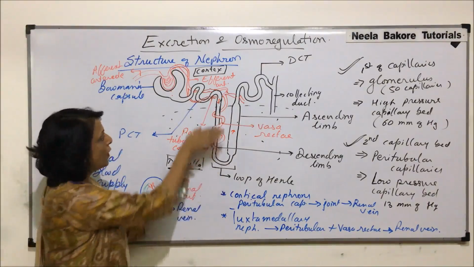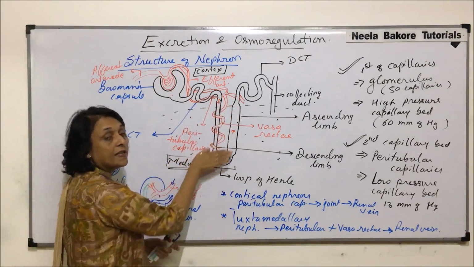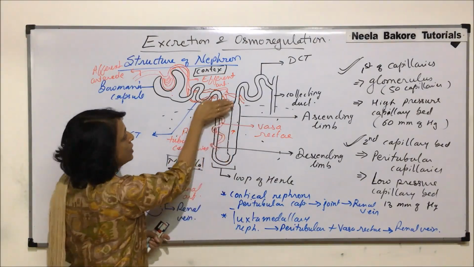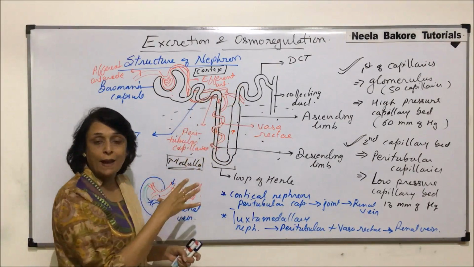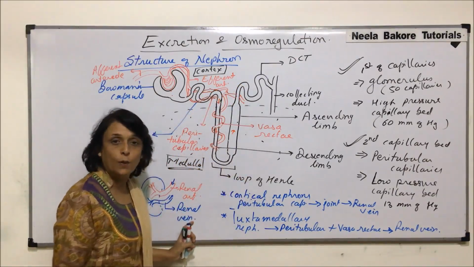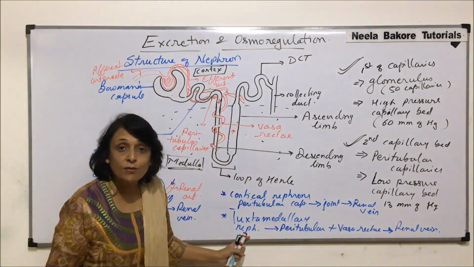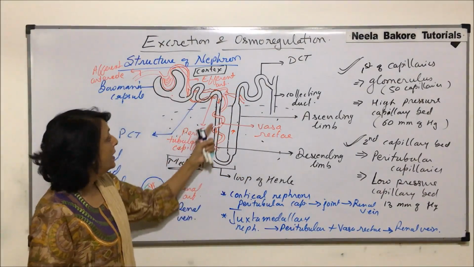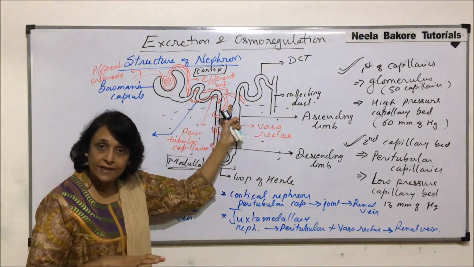In the cortical nephron, this vasa recti part is not there. The tubes which are around the loop are not there. So this peritubular network of capillaries is there. They rejoin to form venules and finally the renal vein. In juxtamedullary nephrons, the peritubular network is there.